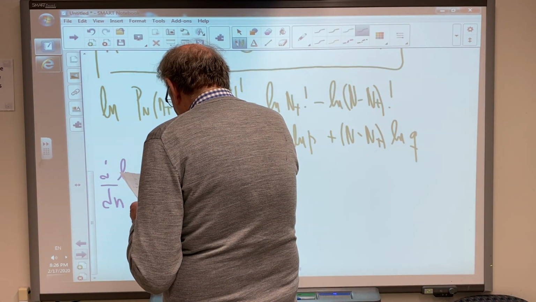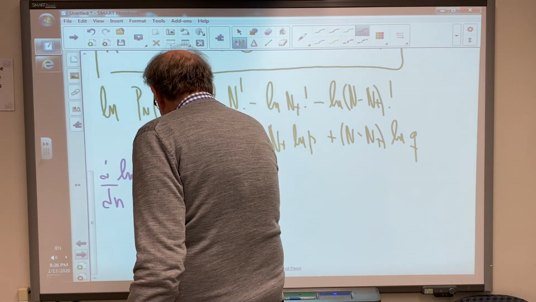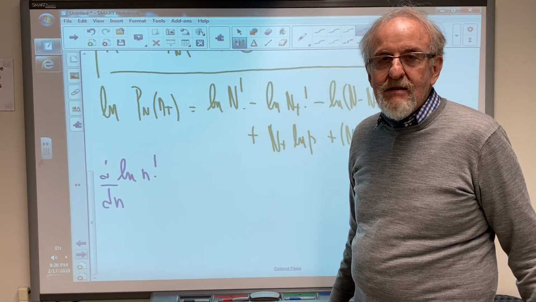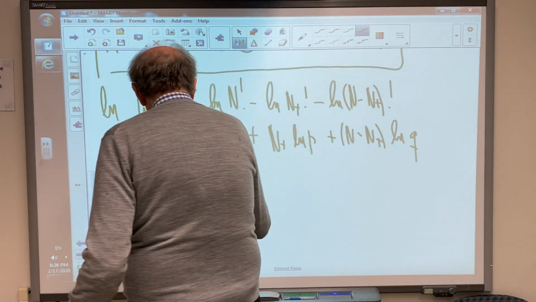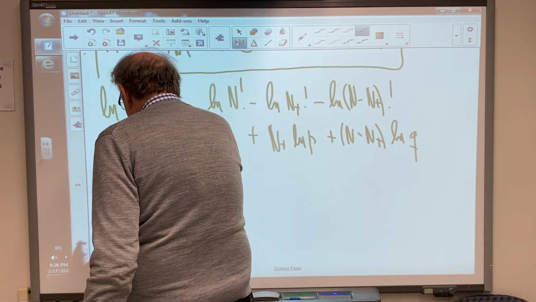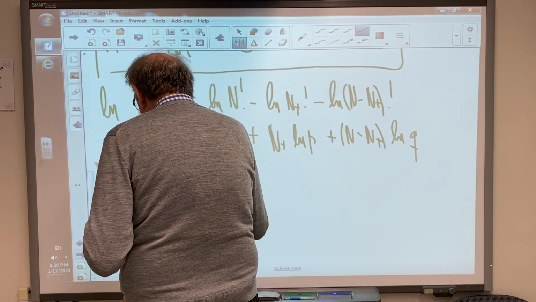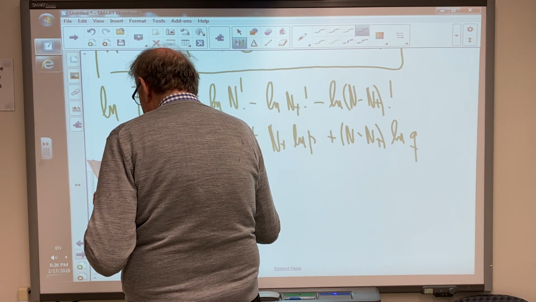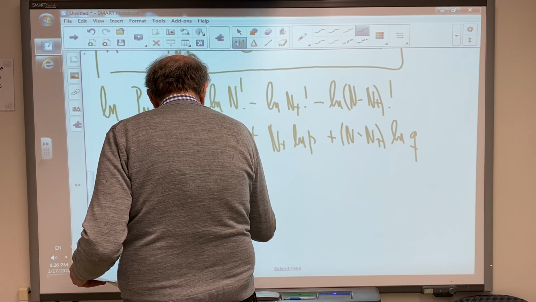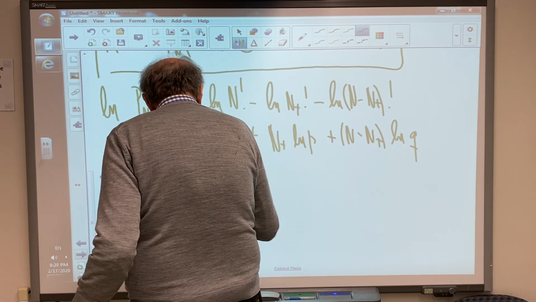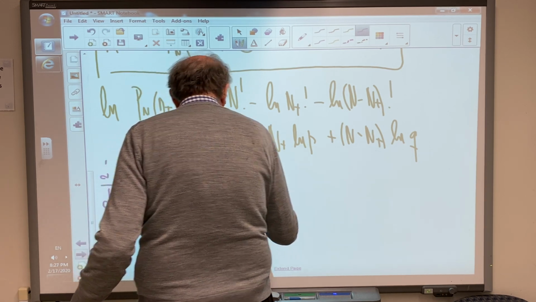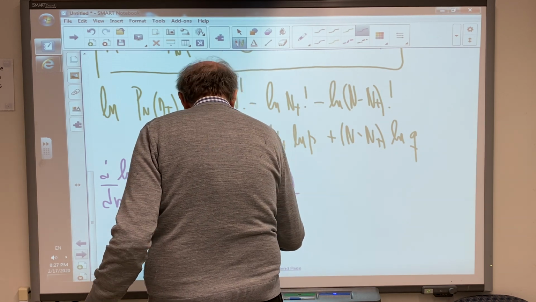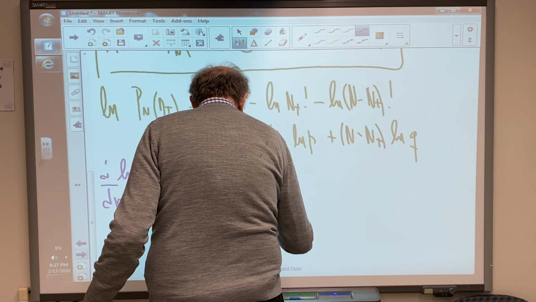Well, we have two ways of showing it. One is saying, I will use the fact that this is a discrete quantity. So the derivative is the logarithm of n plus 1 factorial minus the logarithm of n factorial, divided by n plus 1 minus n.